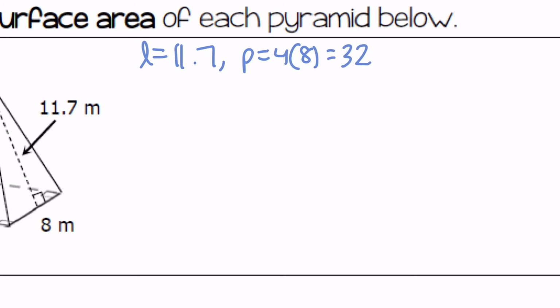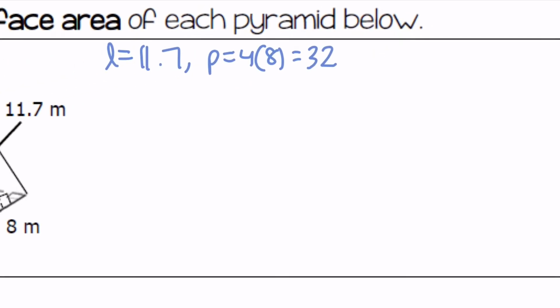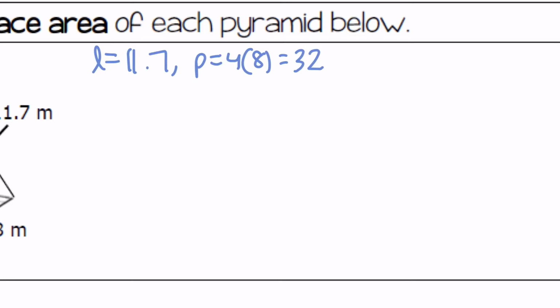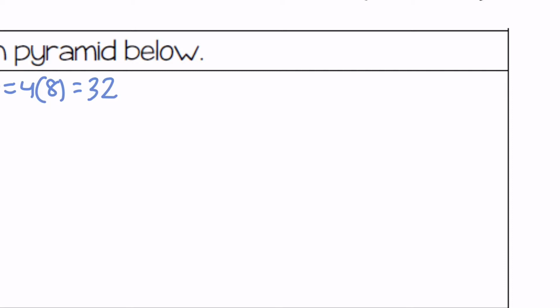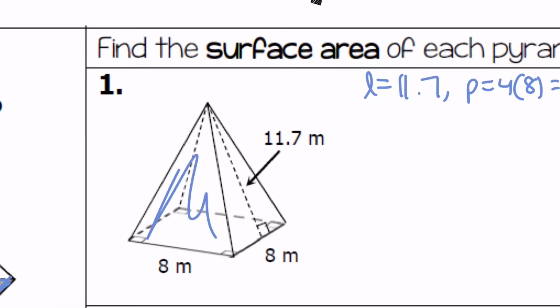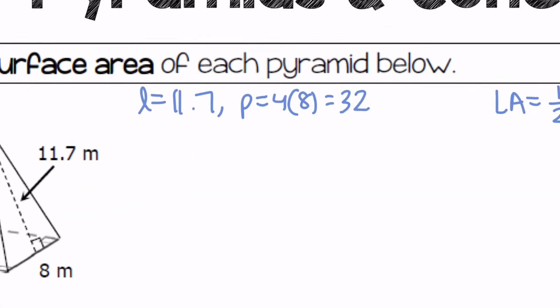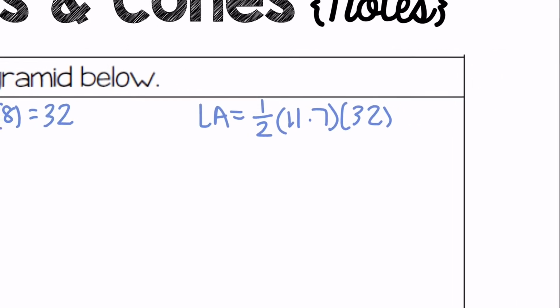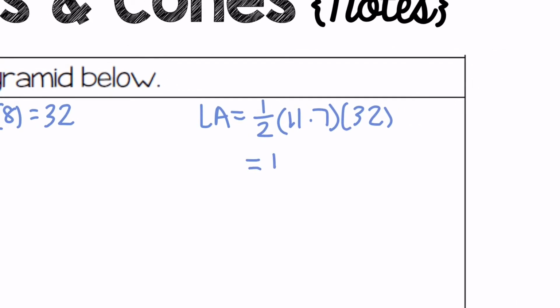So I can find my lateral area by multiplying those 2 numbers together and then multiplying by 1/2. So my lateral area is equal to 1/2 times 11.7 times 32. That's telling me I'm finding the area of all of these little triangles that make up the sides of my pyramid, or the faces, what we call them. That equals 187.2.